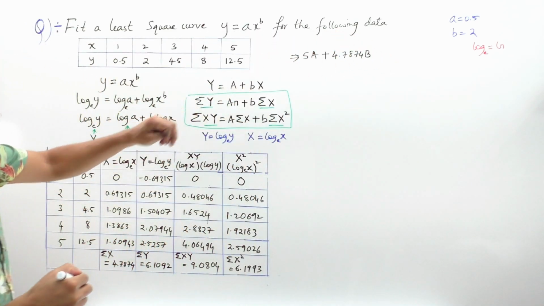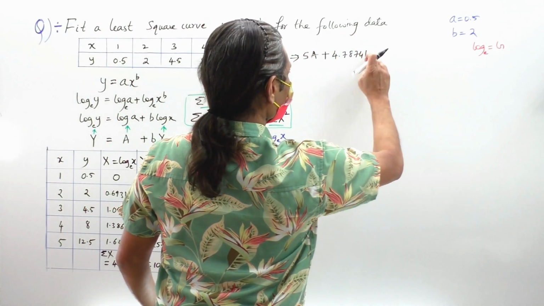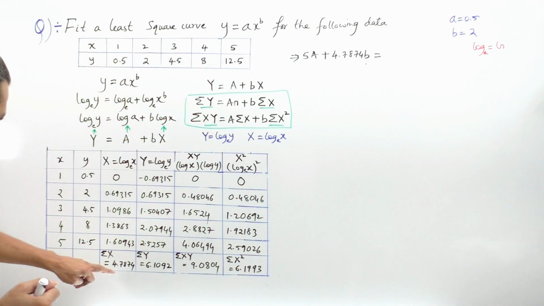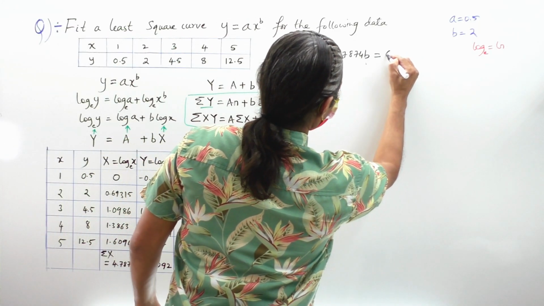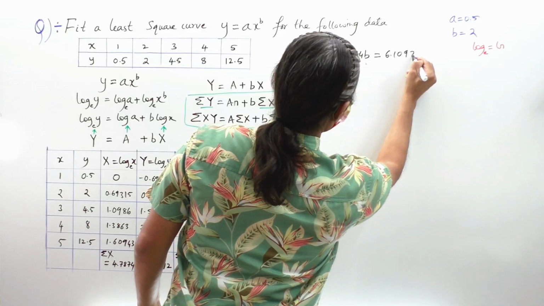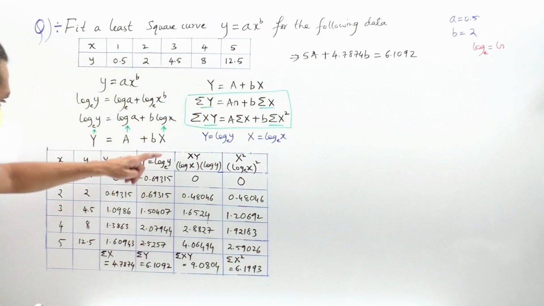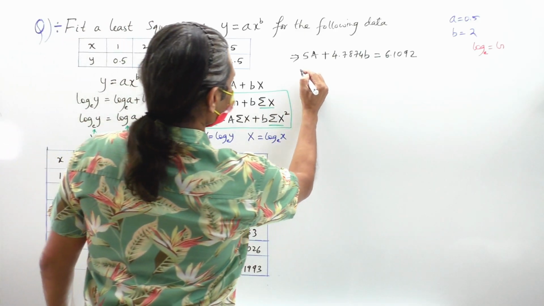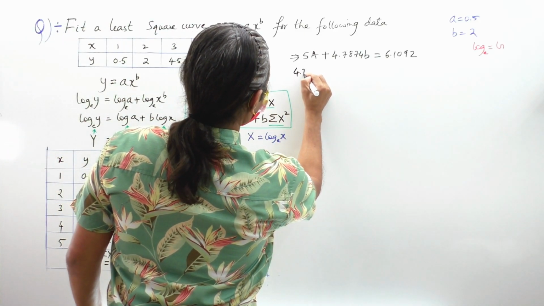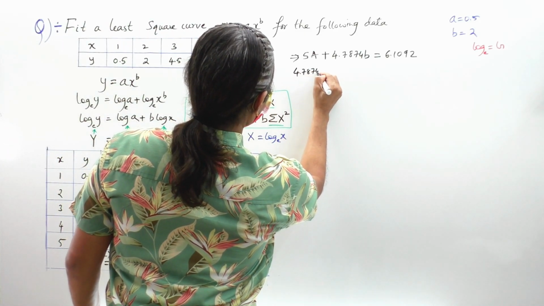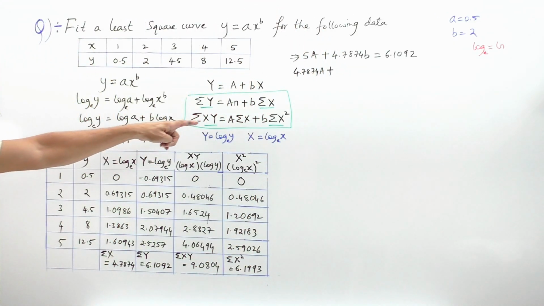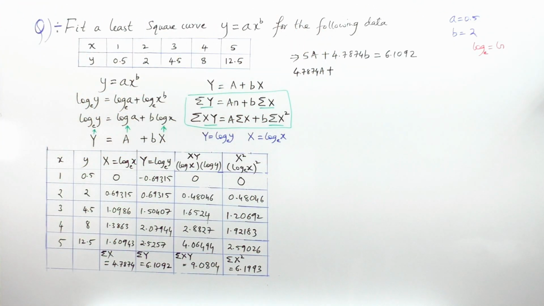Capital B equals capital Y, 6.1092. And the next is, here, A sigma x, 4.7874, A plus B sigma x square.